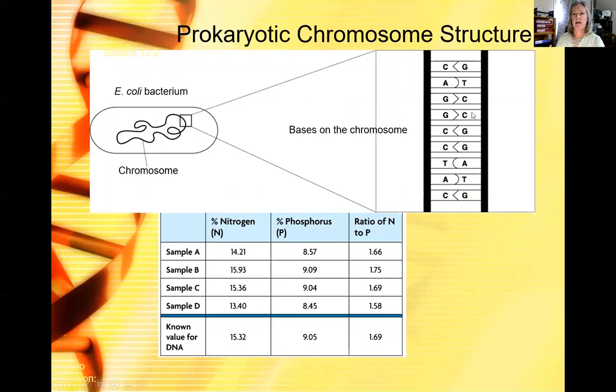And this is a flattened out strand of DNA, it's a spiral double helix, but flattening it out like this makes it a little bit easier to see the pairings. But even looking at the percentages, whether it's bacteria or plants or animals, you're still getting the same percentages and the same ratio of the phosphorus and the nitrogen bases.